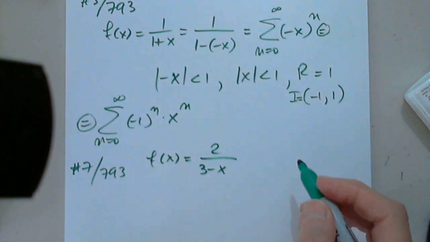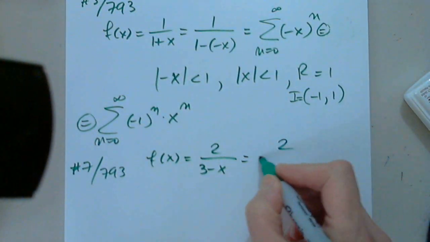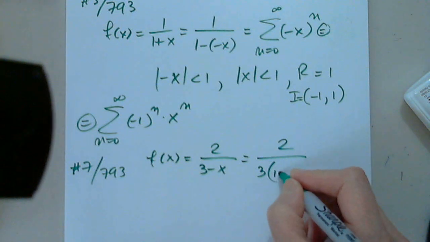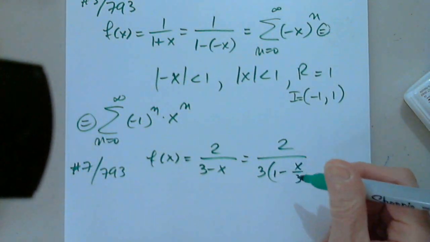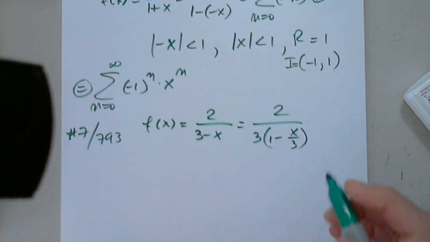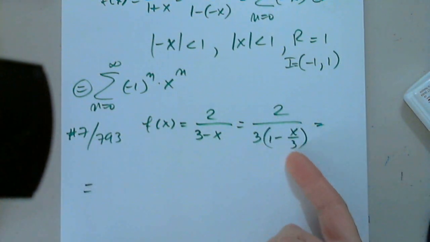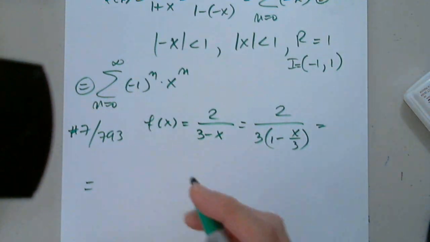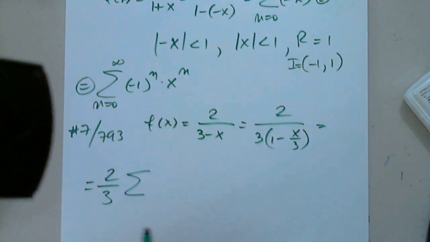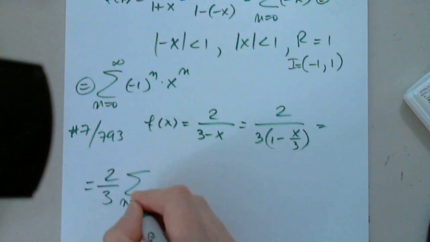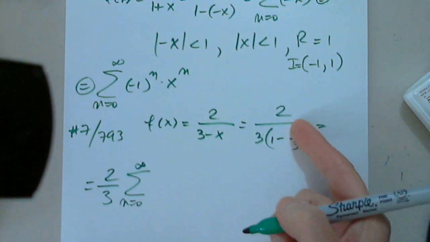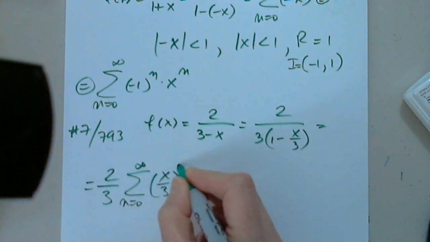So what I'm going to do is factor out 3 in the denominator and present the function as 1 over 1 minus x over 3. And then I can continue applying the same procedure we applied for the previous problem. So we have 2/3 in front and the sum from n equals 0 to infinity, but this time we have x divided by 3 to the nth power.